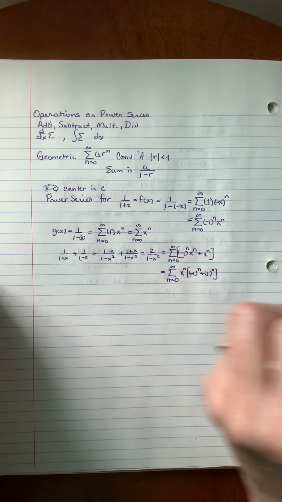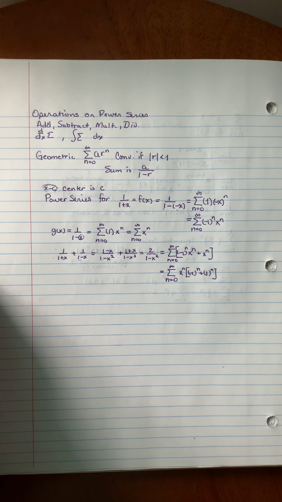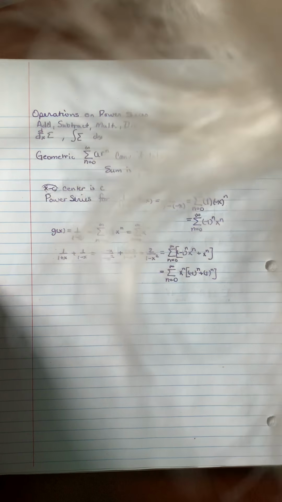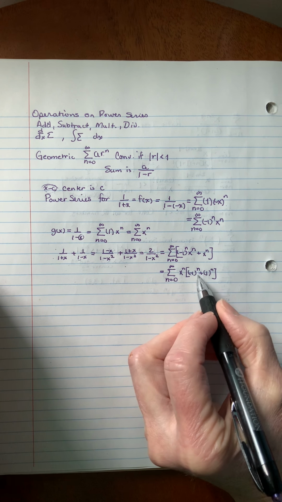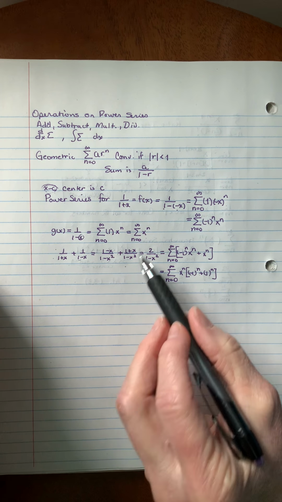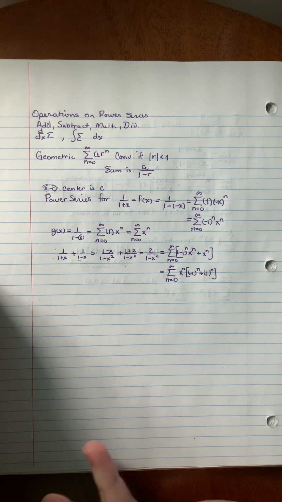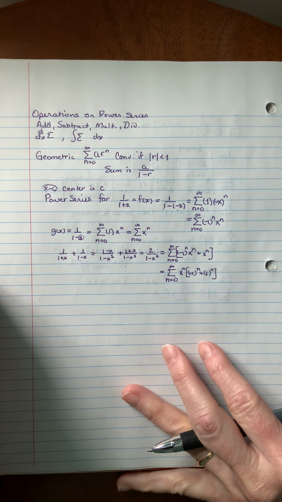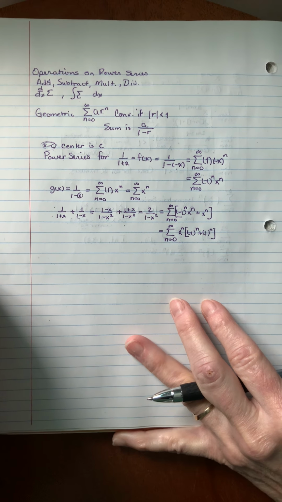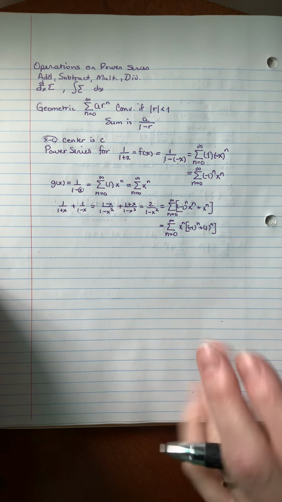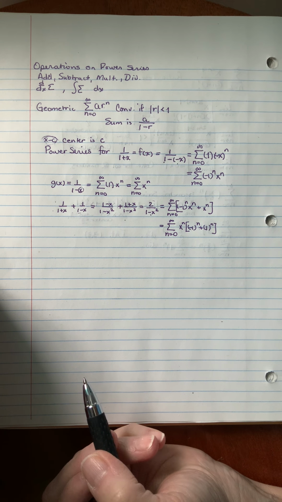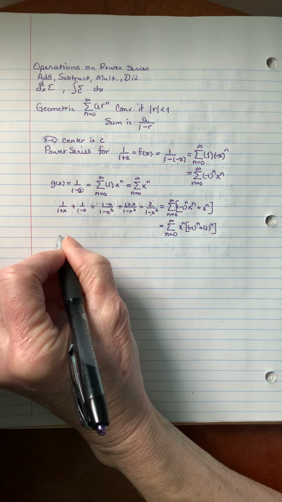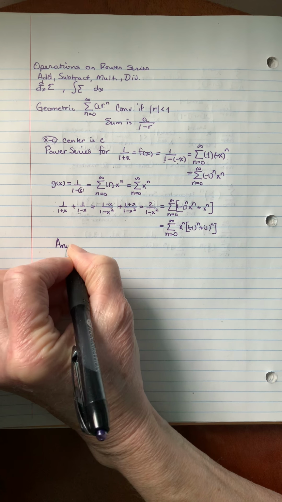Now, you can't really put those together in a great way, so you'd have to do some other work to try to make it look a little bit different. But we just added two series together. And what we got was the power series for 2 over 1 minus x squared. Now let me show you another power series for 2 over 1 minus x squared, because this guy right here is built just like a geometric series also. Okay, so another look at this.